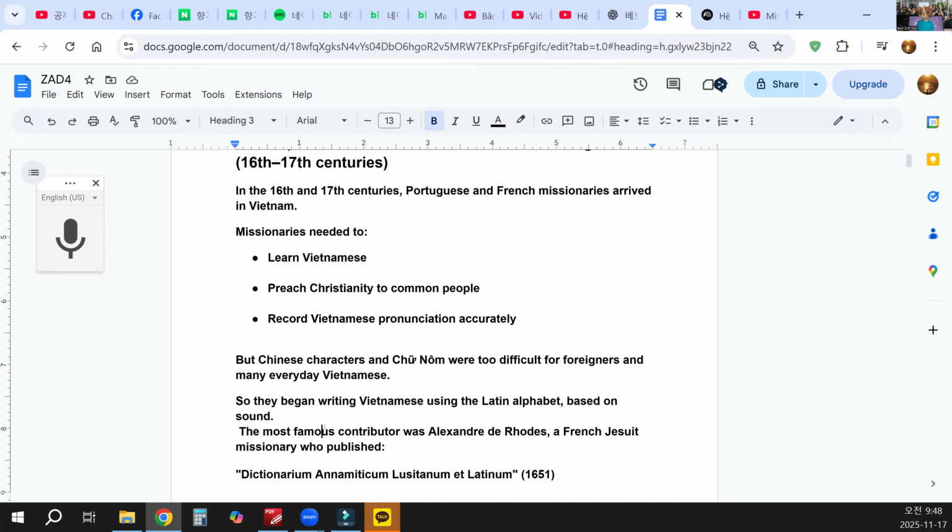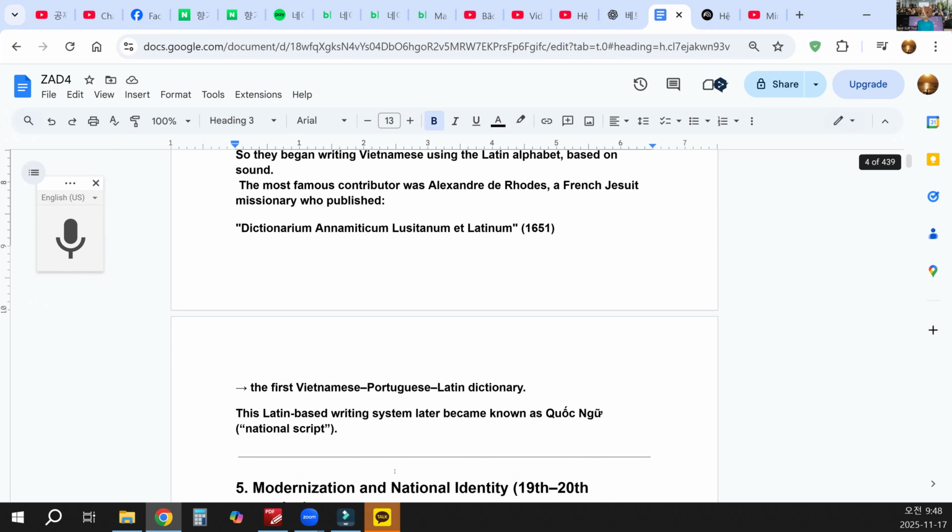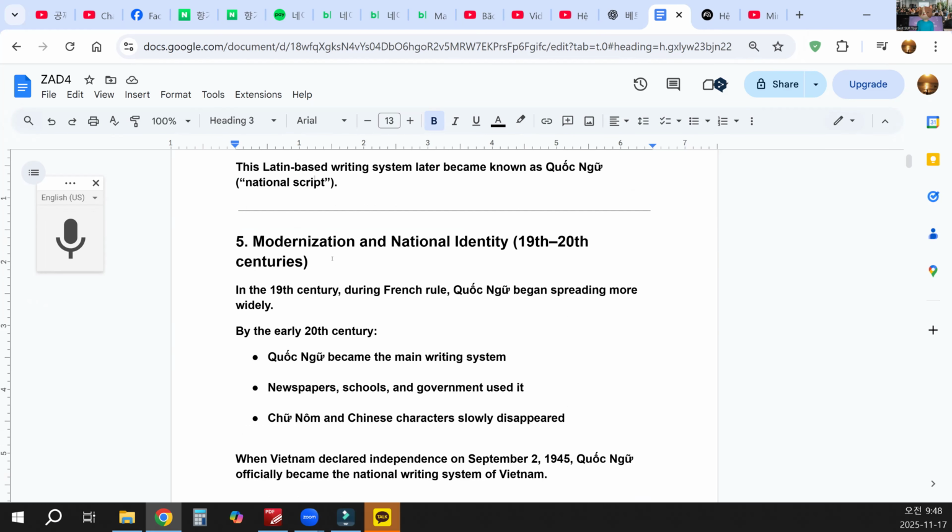The most famous contributor was Alexandre de Rhodes, a French Jesuit missionary who published the Dictionarium Annamiticum Lusitanum et Latinum in 1651, the first Vietnamese-Portuguese-Latin dictionary. This Latin-based writing system later became known as Quốc Ngữ, the national script.